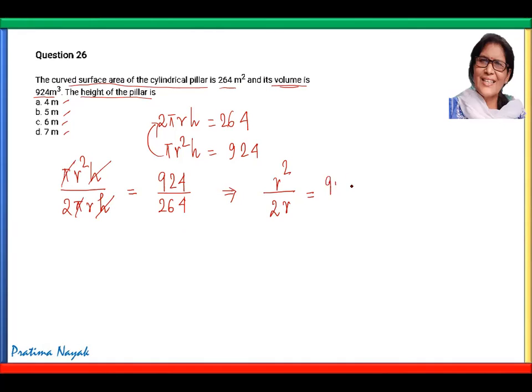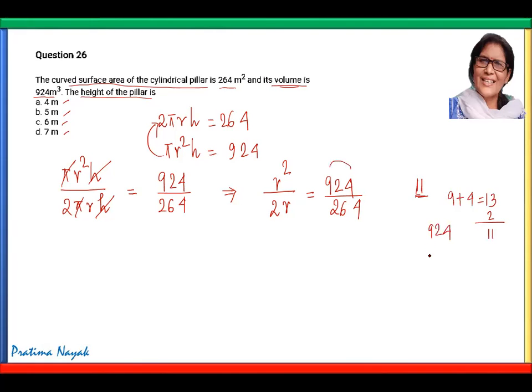Now I'll cancel these two numbers with 11. How do I know? See, 9 plus 4 is 13, and 2, if we subtract, it is a multiple of 11. You have already learnt how to find whether a number is divisible by 11. So 924 is divisible by 11.